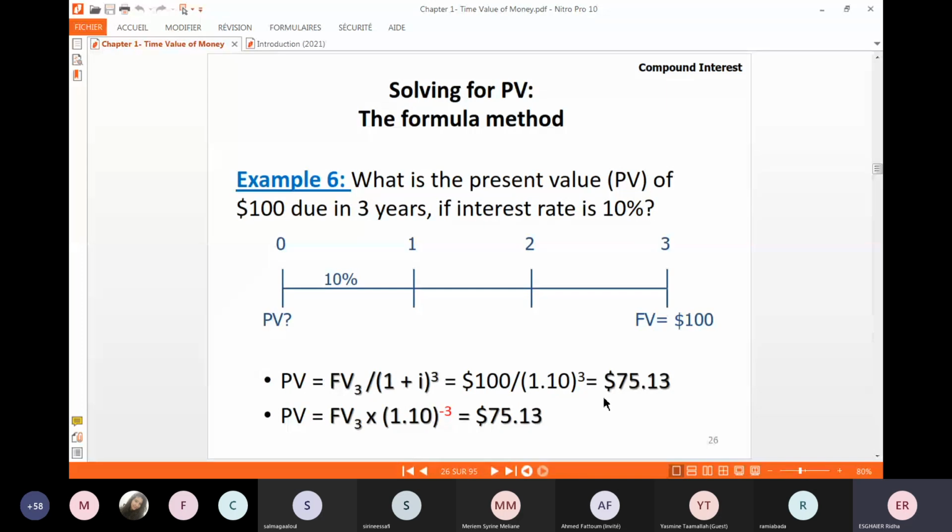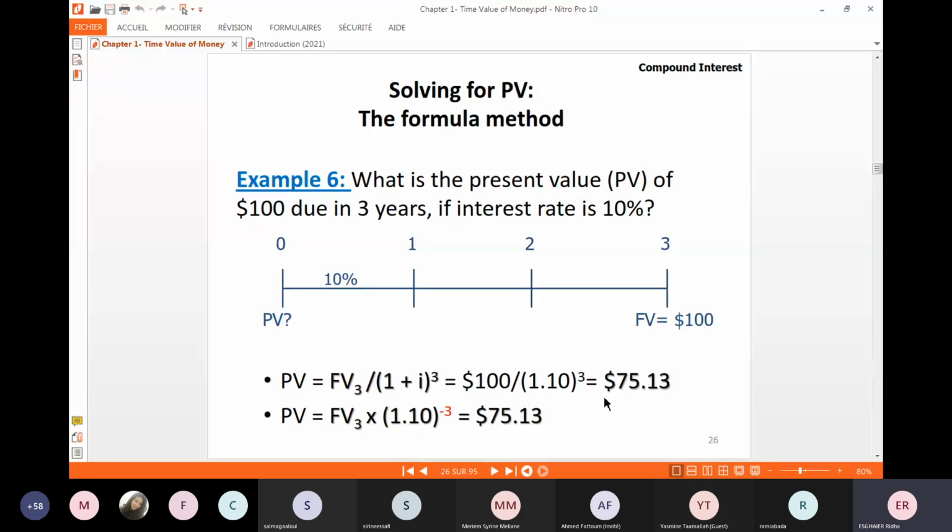Suppose that you have to pay your colleague $100 3 years from now. But he says that he prefers that you reimburse him today. You will not reimburse him $100 today. Why? Because simply, if you keep the 100, you do not reimburse the 100 today, you can earn 10% annually on these 100.